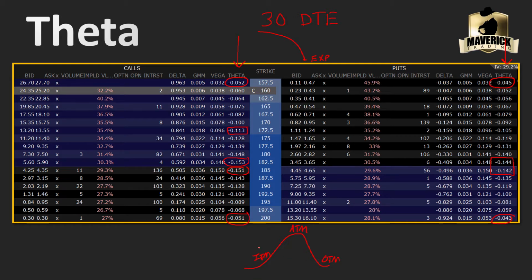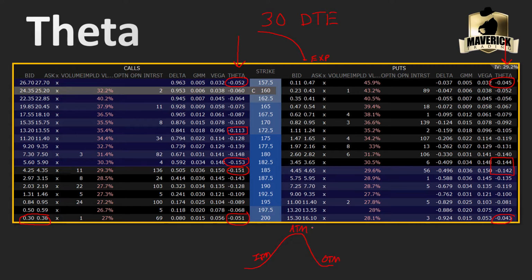Deep in the money options are mainly trading for their intrinsic value, and then they have a little bit of extrinsic, of time value. And way out of the money options, well, they just are low priced. There's just not much decay potential because there's not much value in them. This is only a 30-cent option. That's all it can decay, right? So it's going to have a low theta number accordingly.